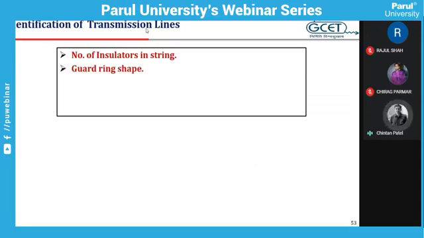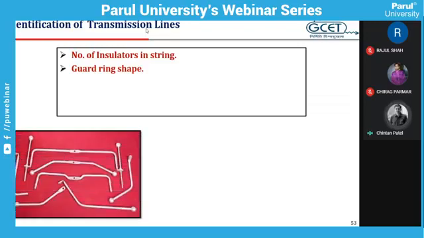The second method is based on the shape of the guard ring. For example, this is simply a rod type guard ring, and it is used up to a 132 kV transmission line. So if you see any transmission line, first of all, try to count the number of insulator discs, and based on that you can identify the voltage level.